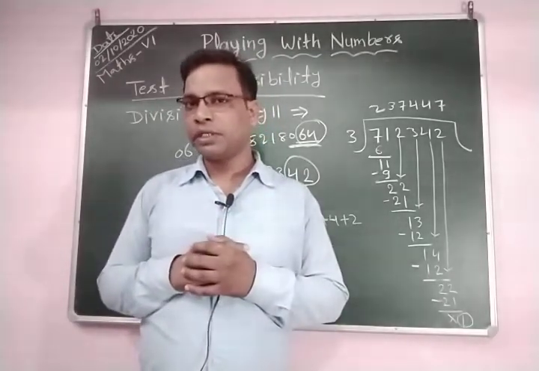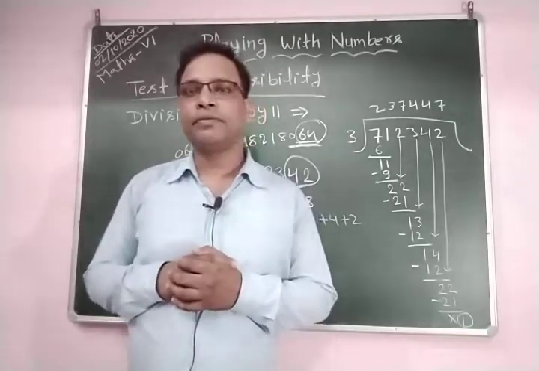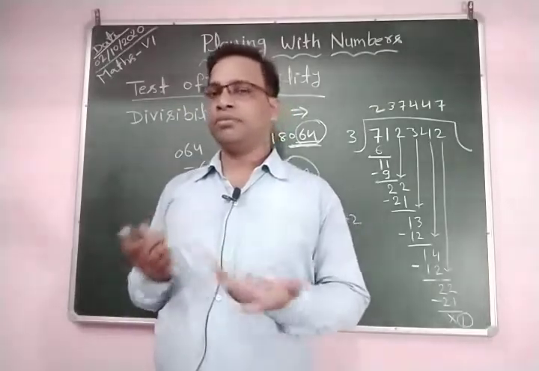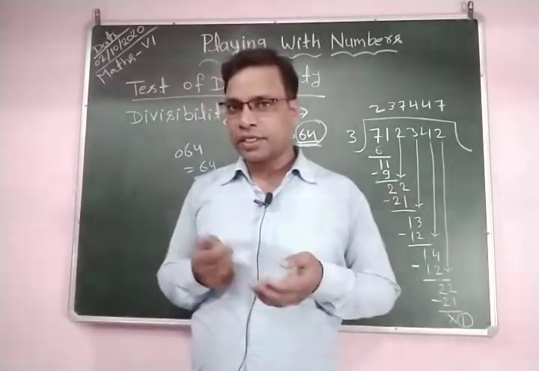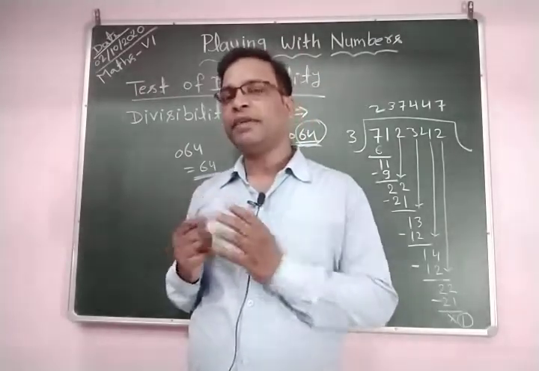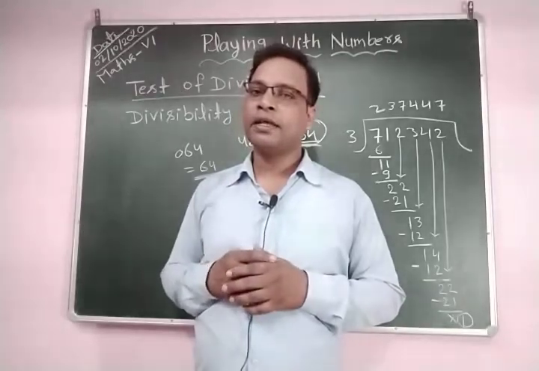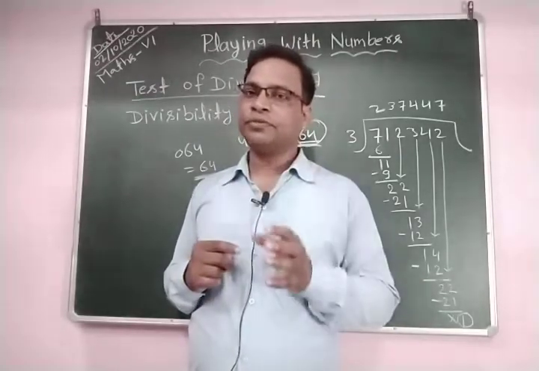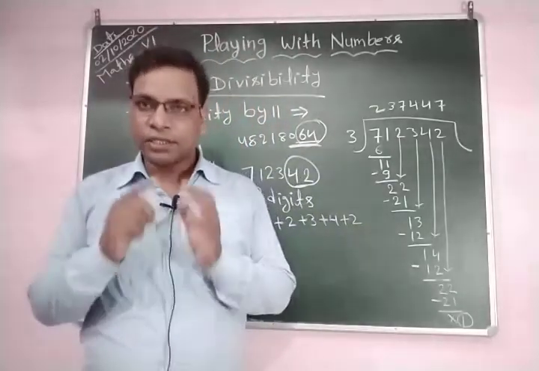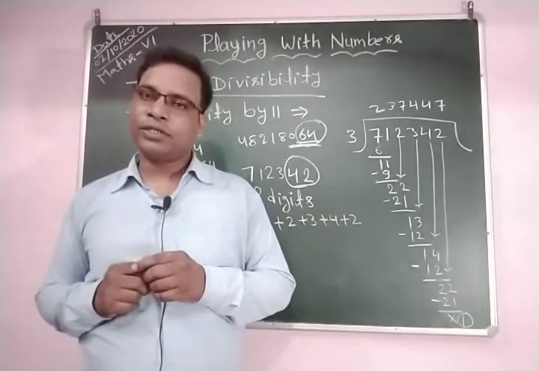And the divisibility test of 5: a number is divisible by 5 if the unit place digit or last digit is 0 or 5. This is very easy. And the divisibility test of 10 is also very easy: a number is divisible by 10 if the last digit, or unit place digit, is 0.